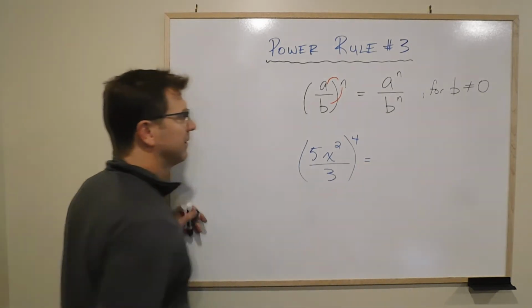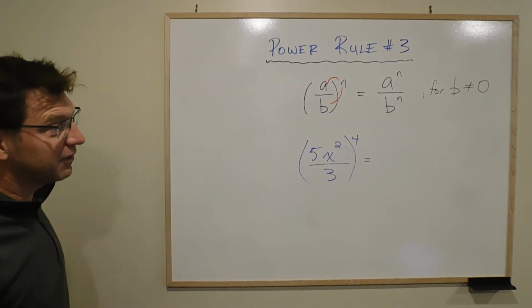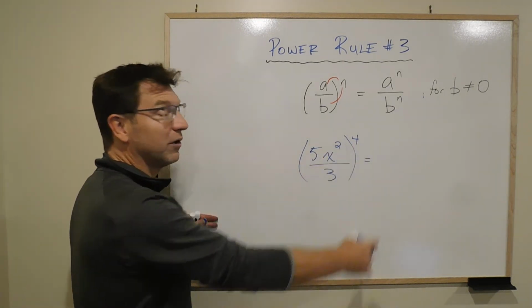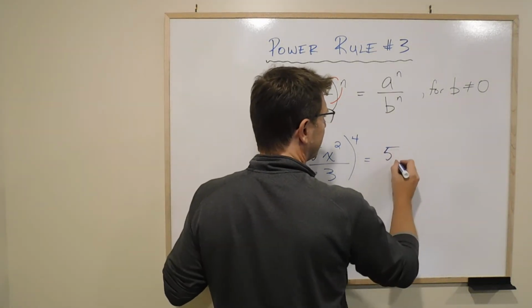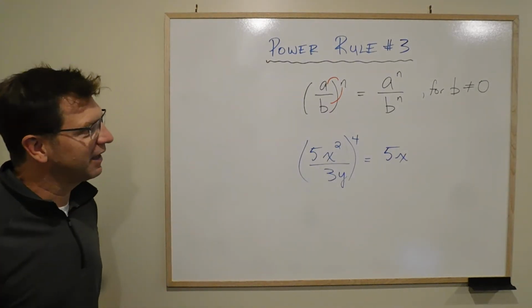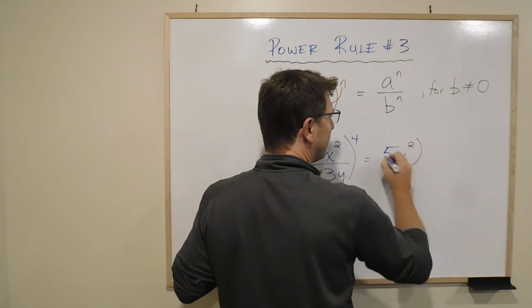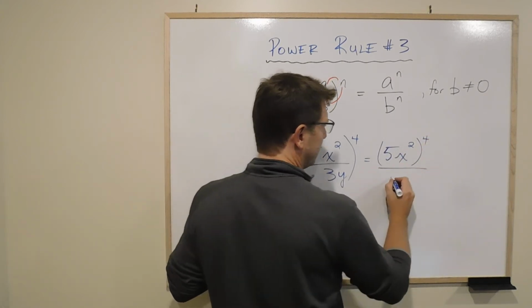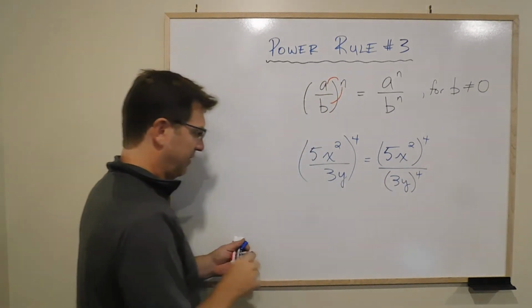So the bottom is still fairly simple because it's 3 to the exponent 4. But what is this top? Well, it's 5x. You know what? Let's add in a y. Let's make it even more complicated. What the heck? So the top is 5x squared to the 4th, and the denominator is 3y also to the 4th.